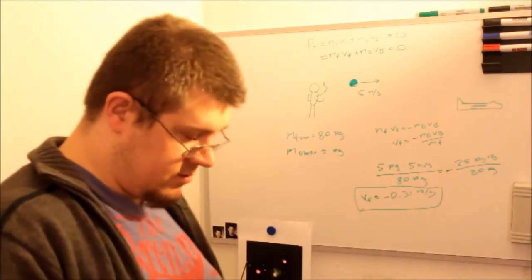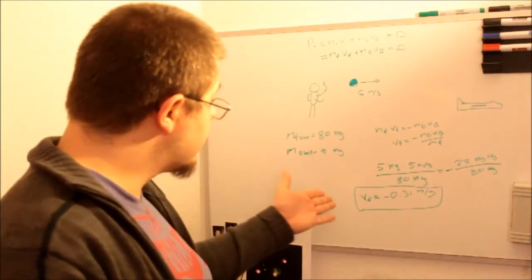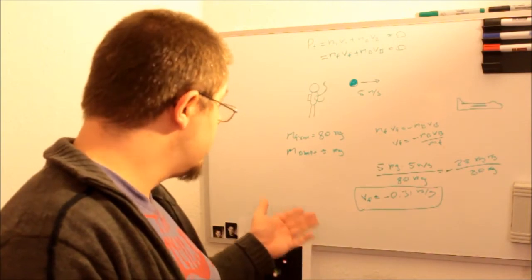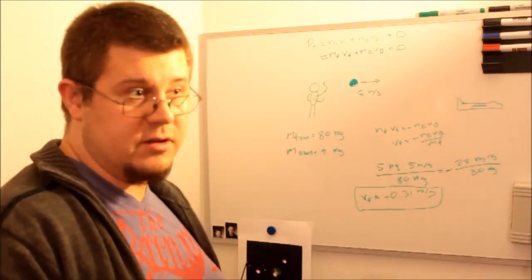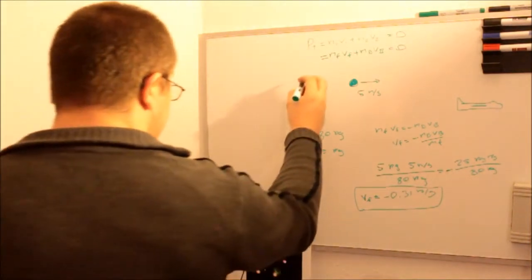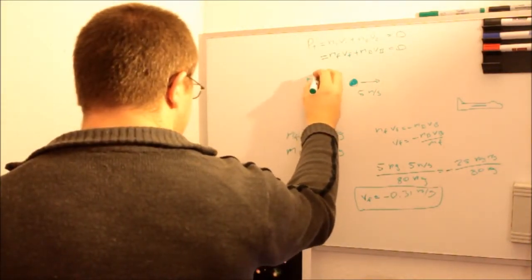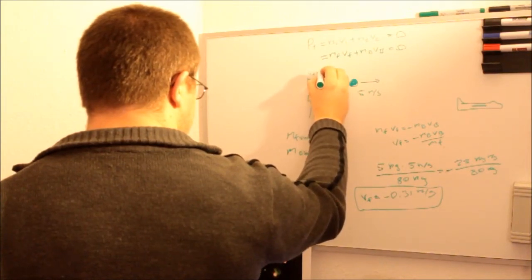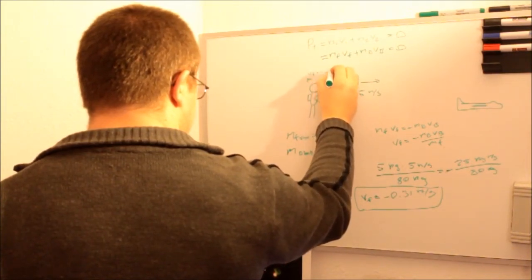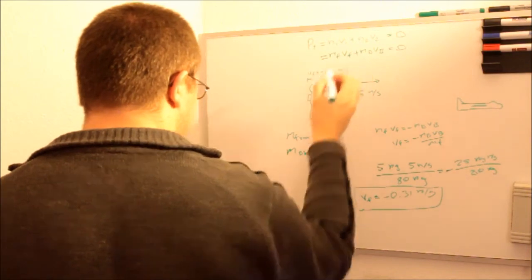This is really crucial, because this clearly shows that Fred, when he tosses the ball in outer space in one direction, will begin to move in the other direction: V Fred is equal to minus 0.31 meters per second.